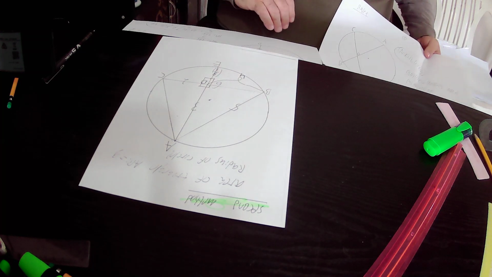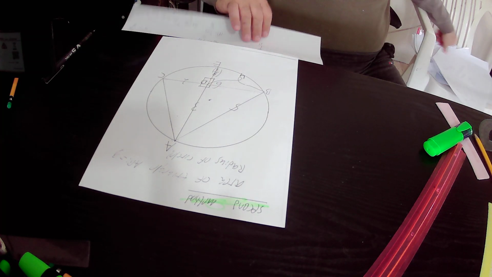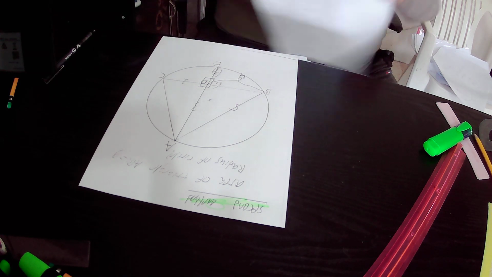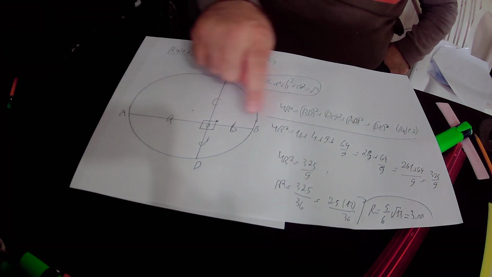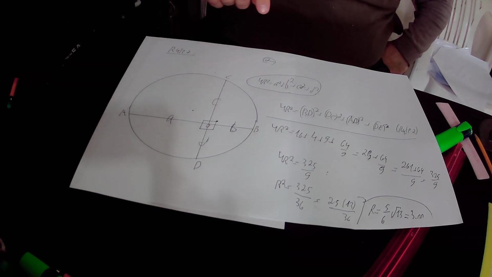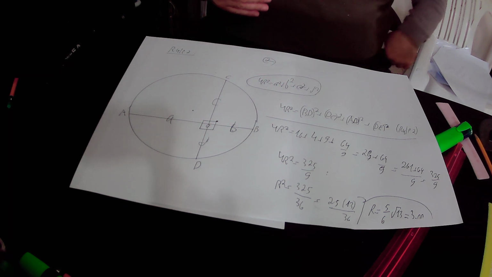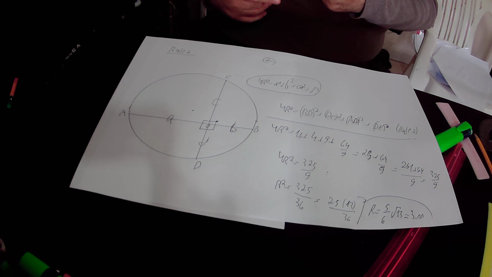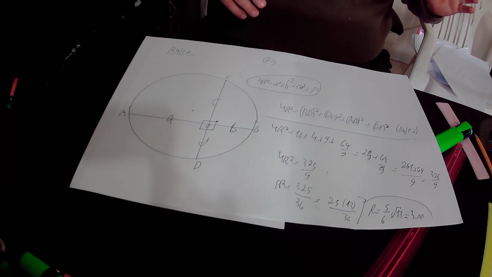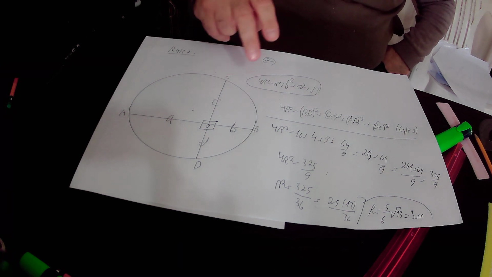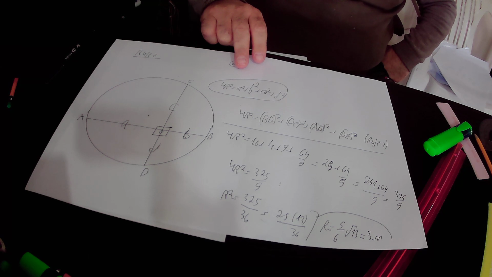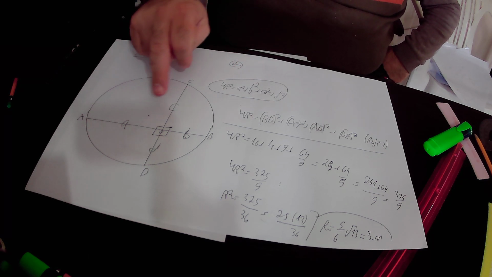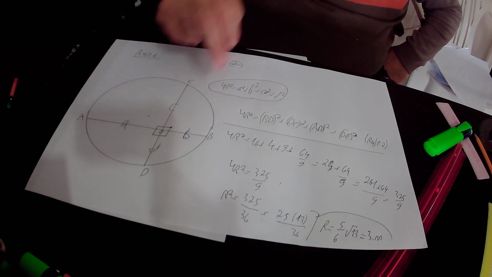Then I presented to you rule number 2, and we implemented rule number 2 in our drawing. What is rule number 2? Rule number 2 states that if chord AB intersects with chord CD at 90 degrees, that is to say, they create 90 degrees at the intersection point, then the following equation is true: 4R squared equals A squared plus B squared plus C squared plus D squared.